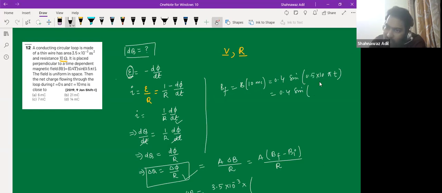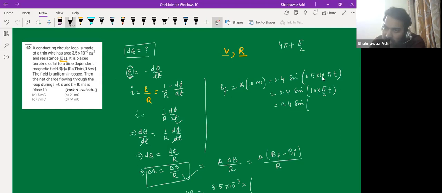We can write this 0.5 as pi by 2, right? So 10 pi by 2 is how much? We can write this as 4 pi plus pi by 2, so this would be 9 pi by 2.